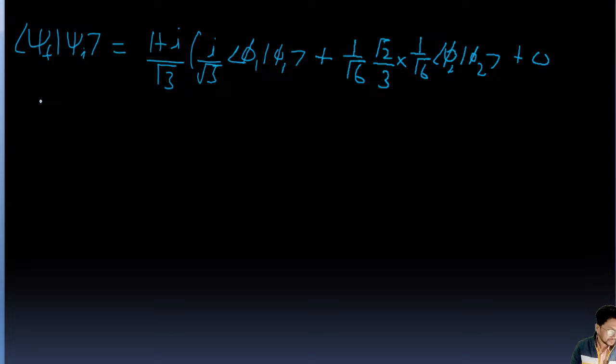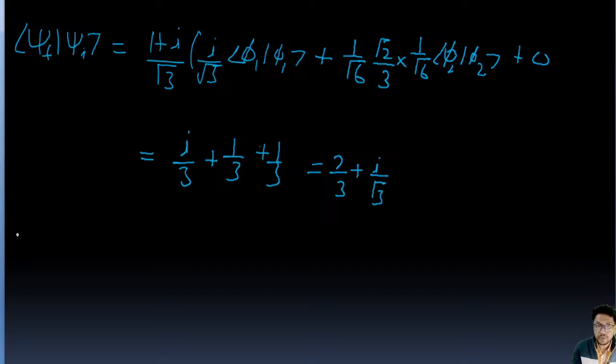Now we'll solve it. This value is going to be I by 3 plus 1 upon 3 plus 1 upon 3, which is 2 by 3 plus iota upon 3. Now we'll find the probability.